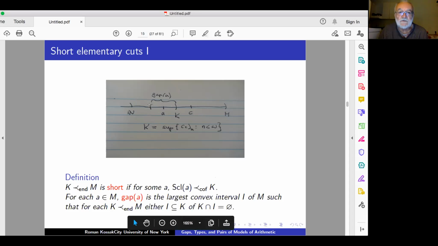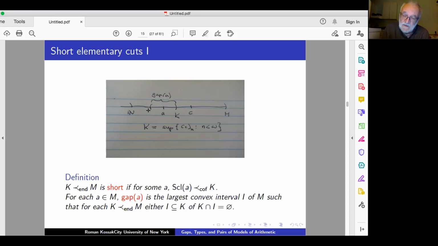So the largest elementary cut that does not contain A is the infimum of the gap, and the smallest elementary cut that contains A is the supremum of the gap. So you have A, you have the gap of A, and above it you have K, which in this case is the elementary cut of M. And then you have this elementary cut on the other side.